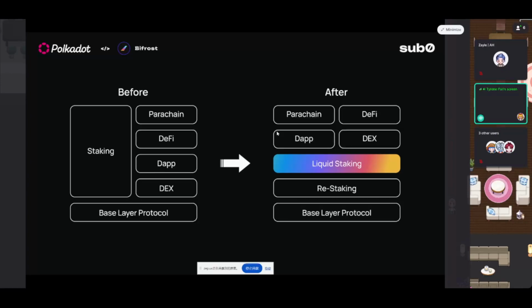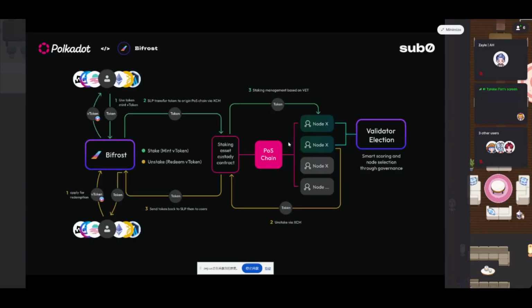But once liquid staking came out, it was placed like a middle layer between the DEXs and any DeFi applications. You can stake your asset and get a liquid staking token as a representation, and you can also jump into any DeFi scenarios. And right now, restaking is a staking application on top of it, so that might be interesting for attracting more builders coming into this space.